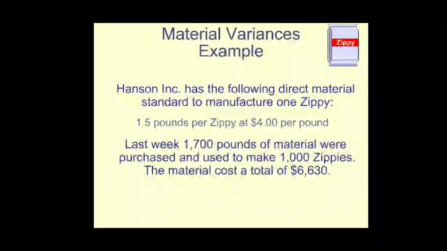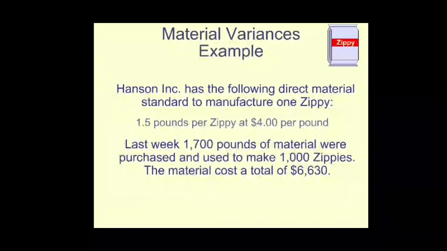This is the variance analysis for material first. So let's see the example. Hanson Incorporated has the following direct material standard to manufacture one ZP. ZP is the product. The standard is 1.5 pounds of material per ZP at $4 per pound.